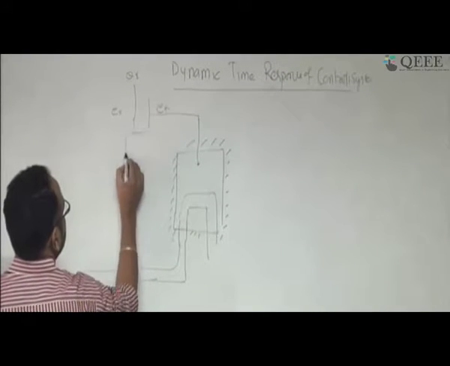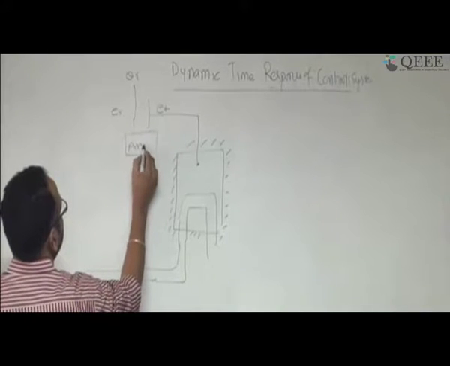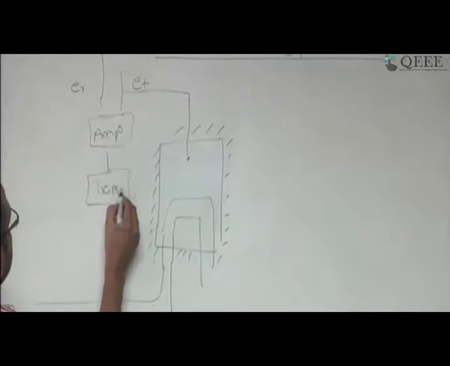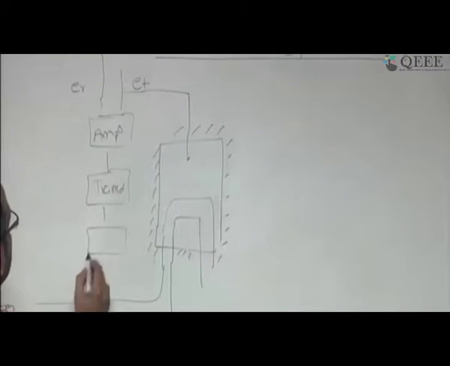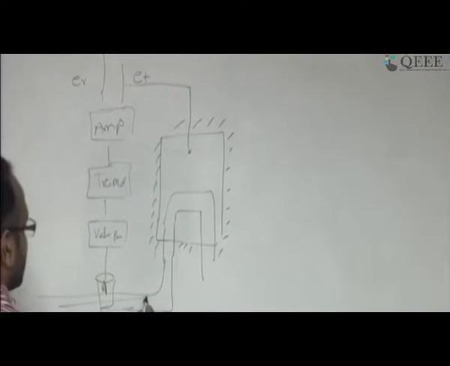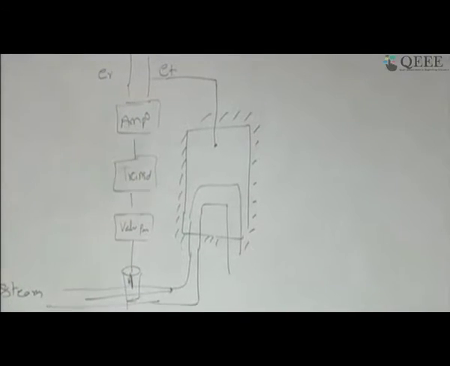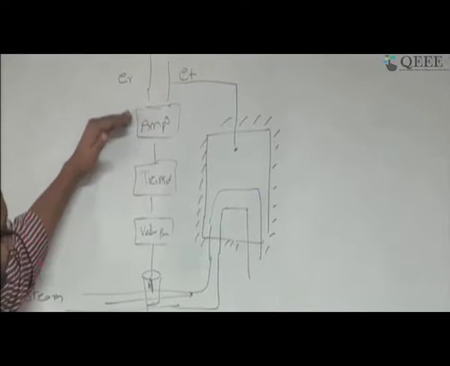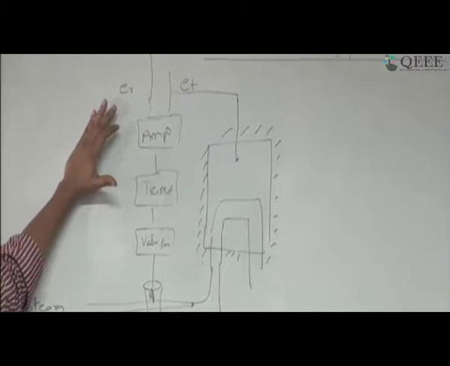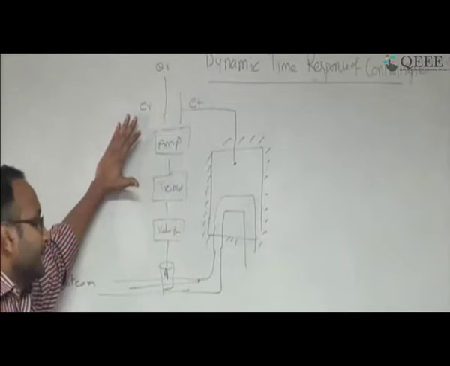Then I will take a subtraction of that, and I will use the amplifier, then a transducer, and then a valve position system, which will control whether the valve goes up and down, and that will control the flow of steam. Okay, so this is a typical way of representing a system which controls the temperature of a room.